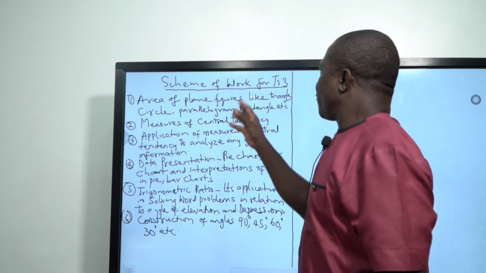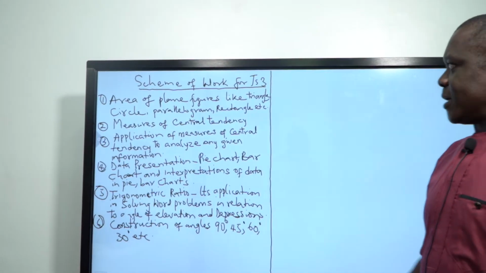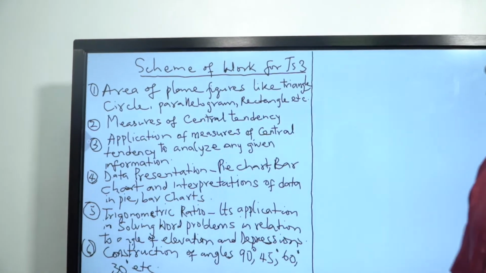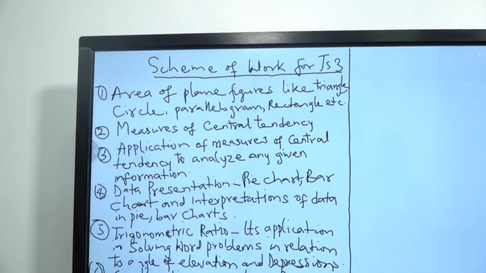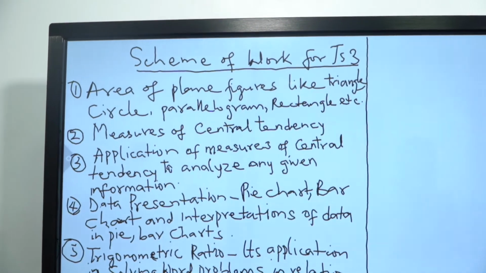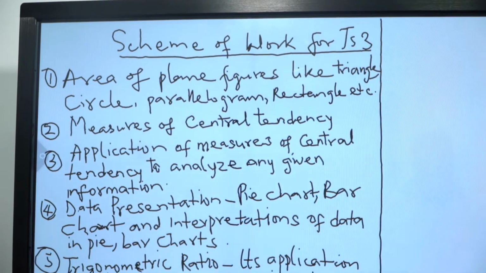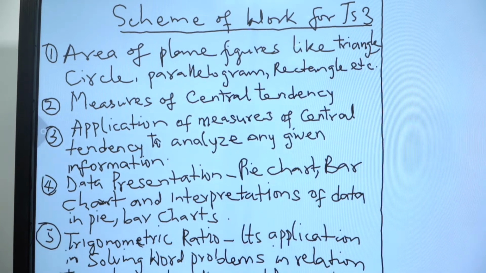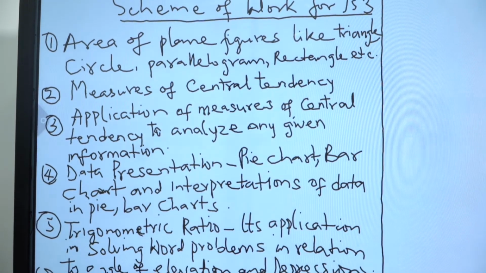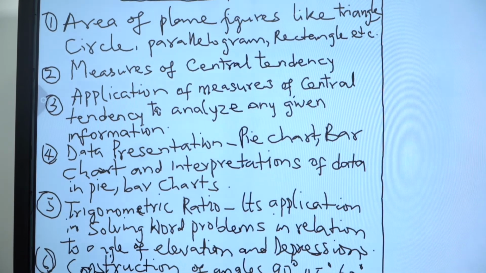This is the scheme of work we have for the term, which is third term. We have 6 schemes. The first one is the area of plane shapes like a triangle, circle, parallelogram, rectangle, etc. The second one is measures of central tendency. The third one is the application of the measures of central tendency to analyze any given information.